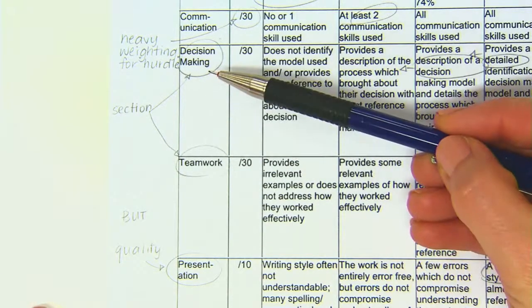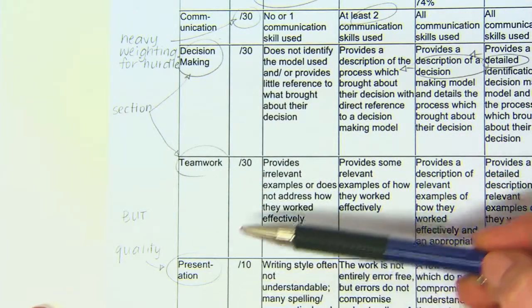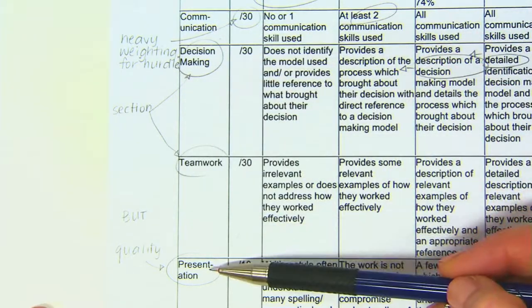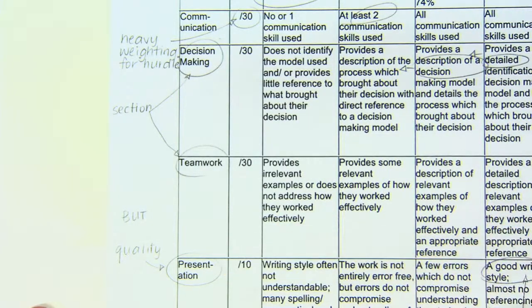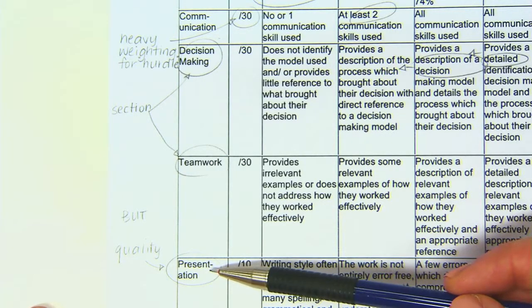If we look at the criteria used for this particular assignment, we see communication and presentation. We see that presentation is more of a quality given to the overall assignment.